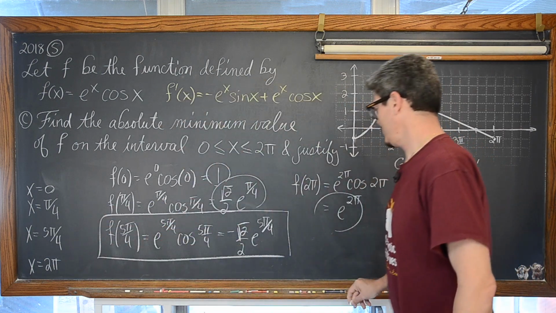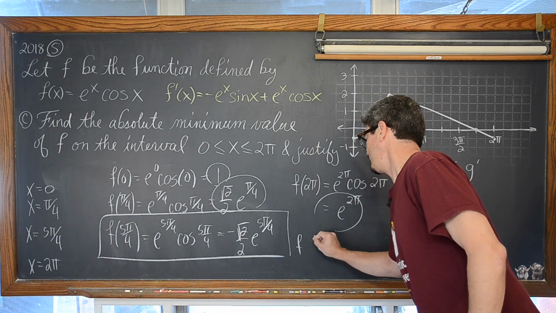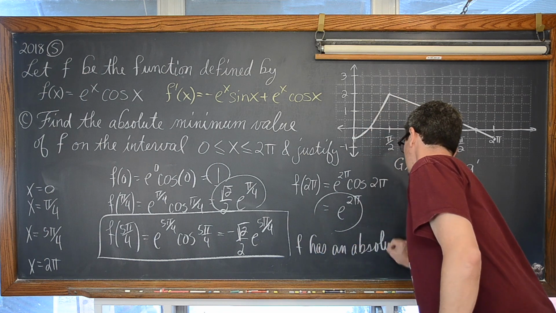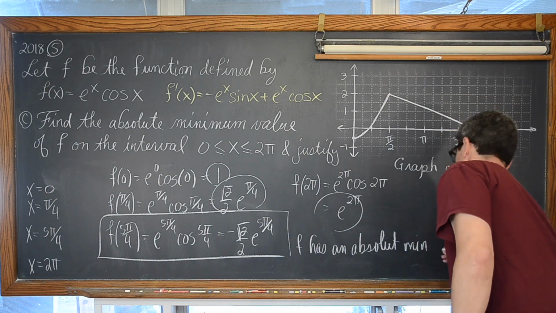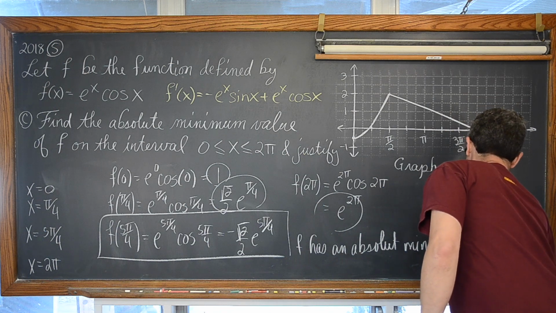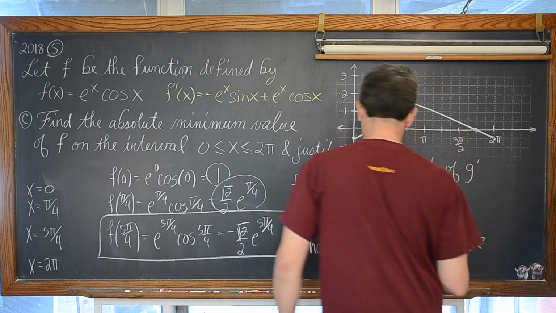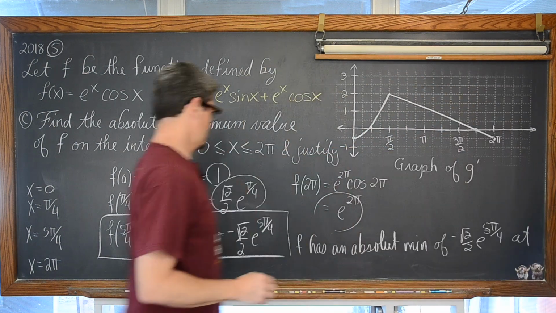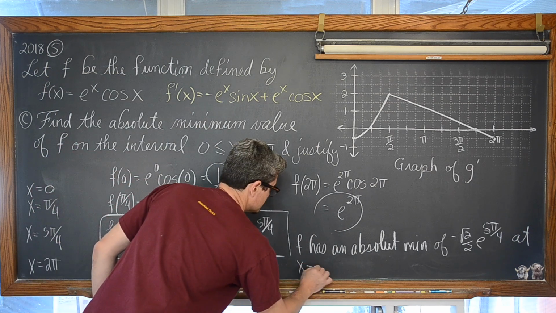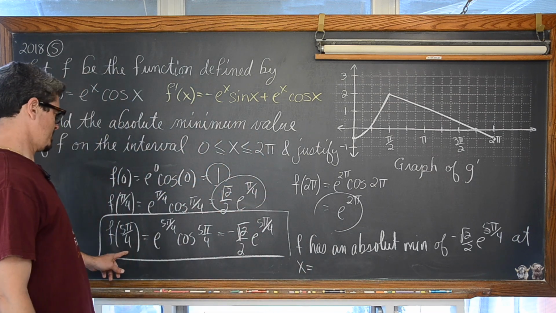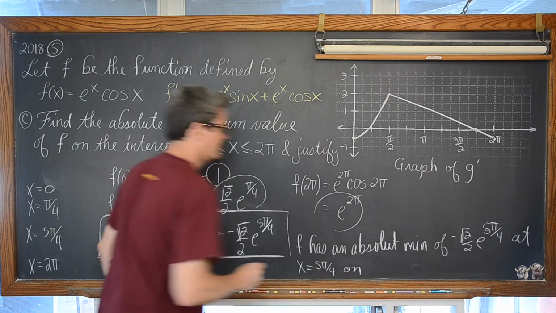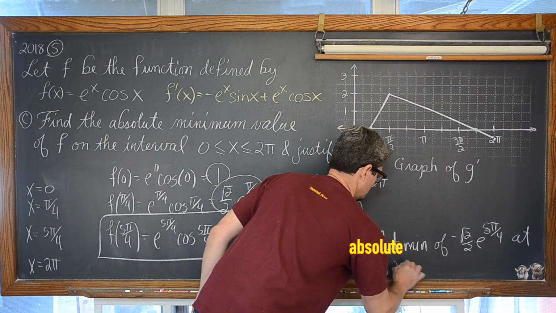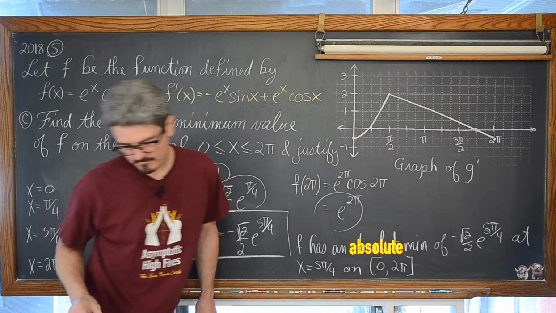We do have f has an absolute minimum value of negative square root of 2 over 2 e to the 5 pi over 4 at x equals 5 pi over 4 on a closed interval from 0 to 2 pi.